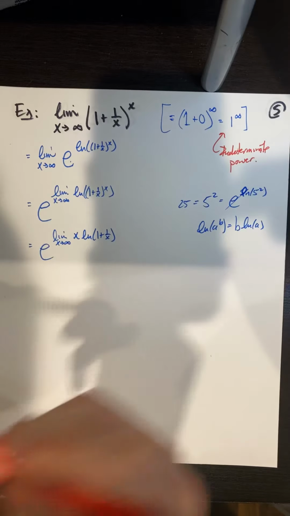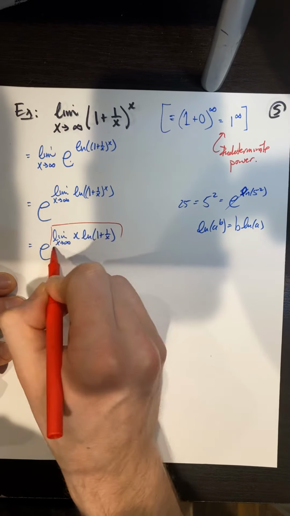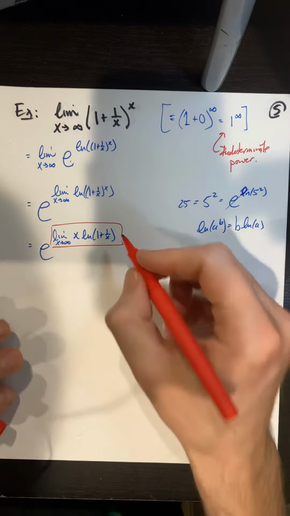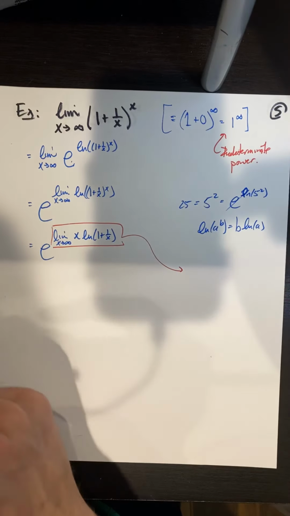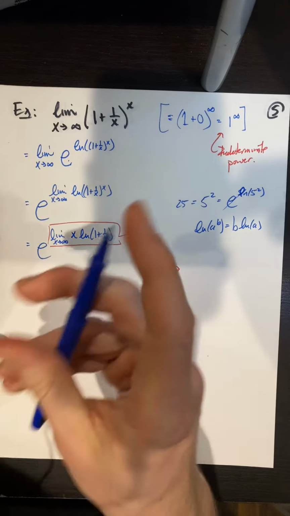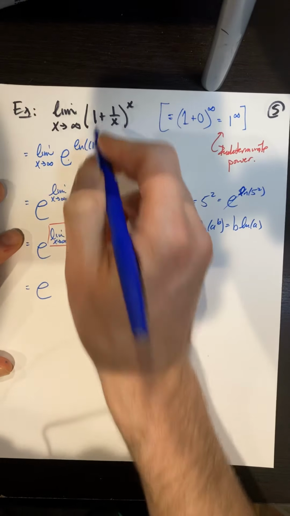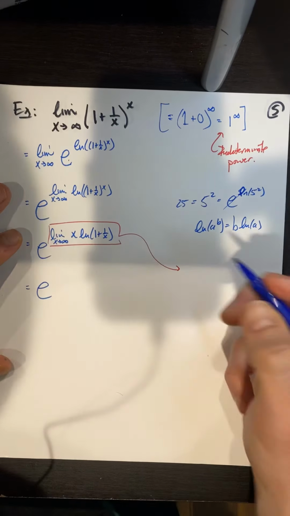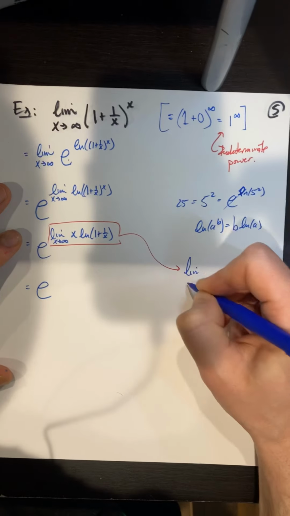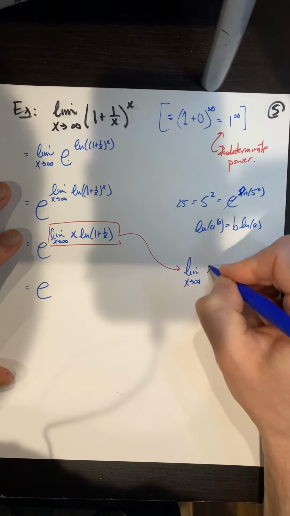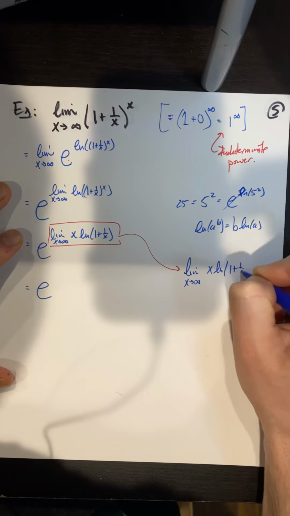So in reality, this is the limit that I want to perform right there. So I'm going to take that thing out, and I'm going to come down here and try to do that. And we'll see that whatever limit I get, the answer to the original will be e to whatever that limit is. So we have the limit as x goes to infinity of x ln of 1 plus 1 over x.